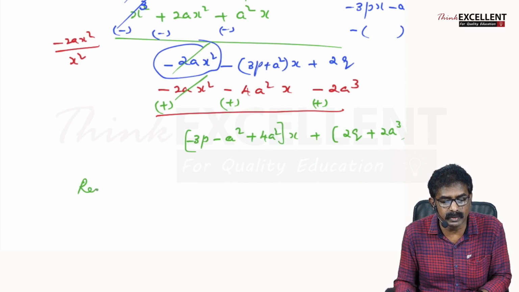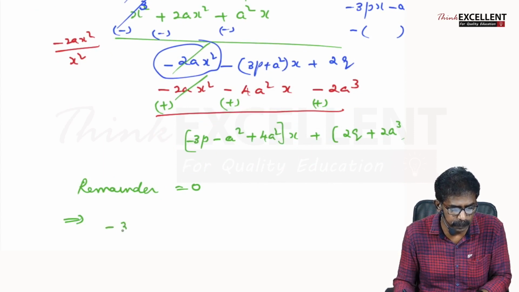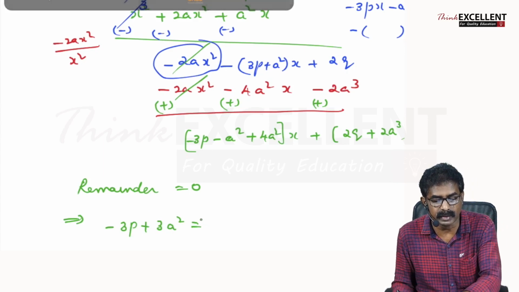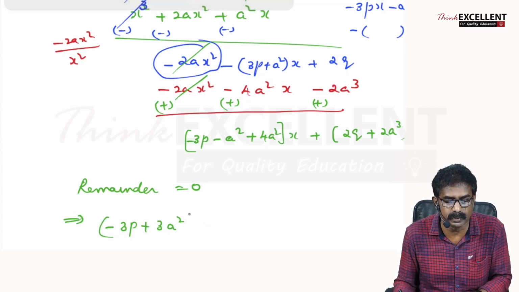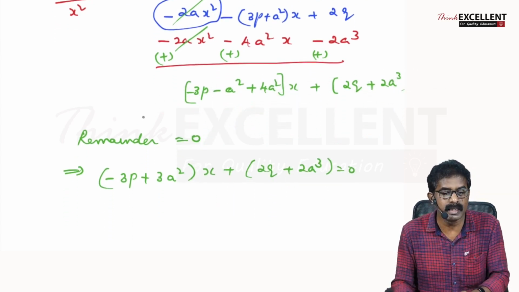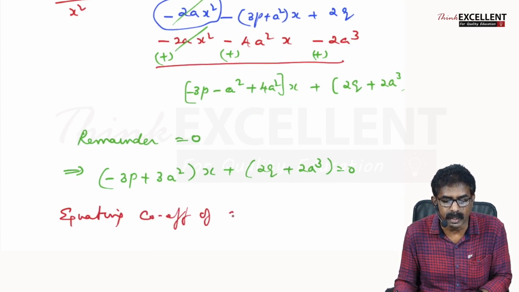But the remainder is equal to 0, meaning you simplify this, there are like terms. So minus 3p plus 3a square times x, plus 2q plus 2a cube, is equal to 0. Before that, you write a step and equate with 0. Now, equating the coefficients of x and constants on both sides.